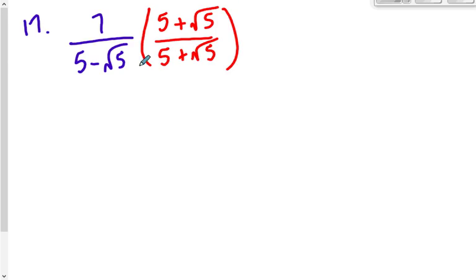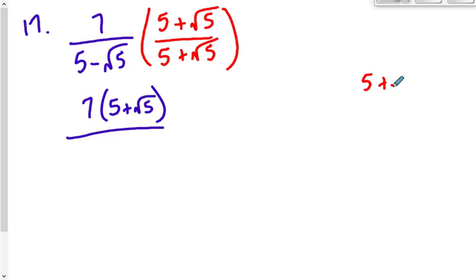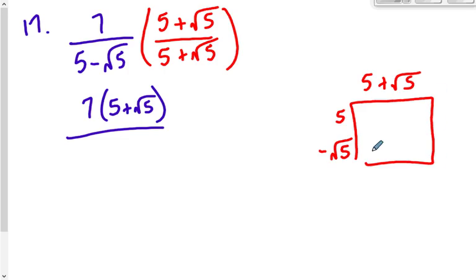So multiplying by 5 plus the square root of 5 on the top and the bottom, the top, I have 7 times 5 plus the square root of 5. The bottom, you have to box. So 5 plus the square root of 5, 5 minus the square root of 5.